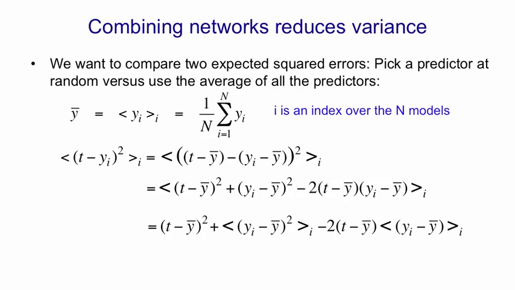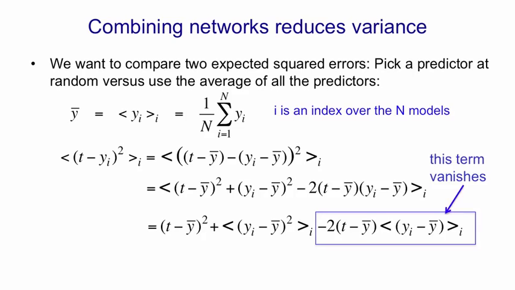So the extra term we have on the right-hand side is the expectation of (yi minus y bar) squared, and that's just the variance of the yi. It's the expected squared difference between yi and y bar. And then the last term disappears. It disappears because the difference of yi from y bar we expect to be uncorrelated with the difference between the error that the average of the networks makes and the target.